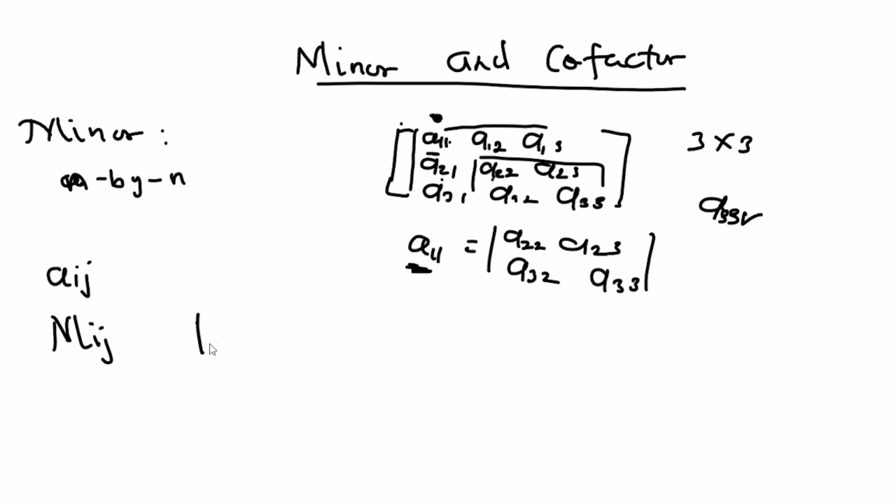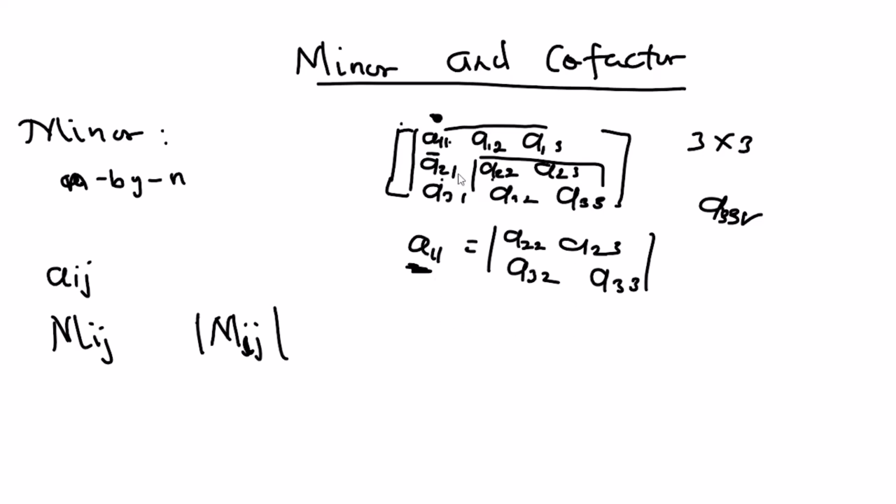So when I write it this way, Mij, it means that the determinant is the determinant of the submatrix. So that minor is the determinant that you calculate after crossing out a row and column corresponding to the element under consideration.